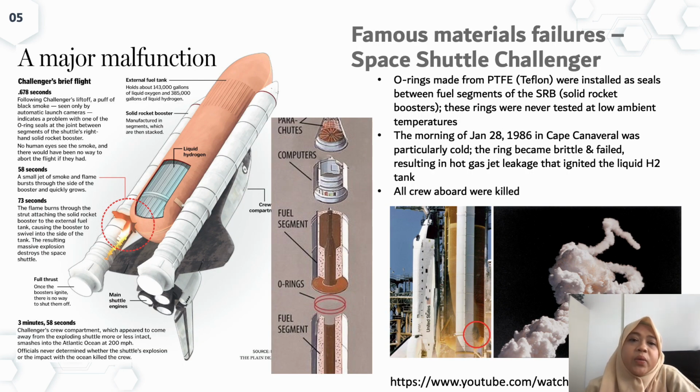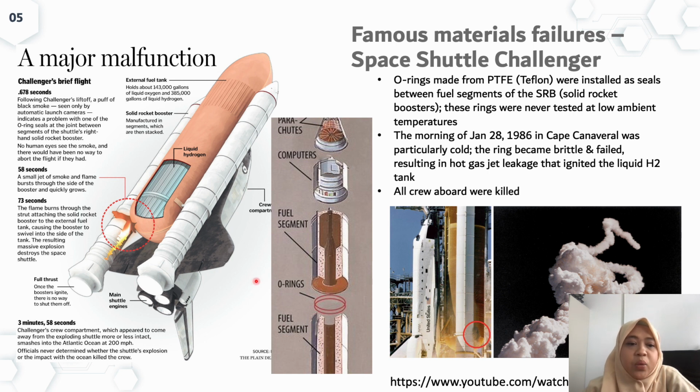Then another famous material failure is the Space Shuttle Challenger, which was based on the O-rings. The O-ring is a very small part made from rubber.